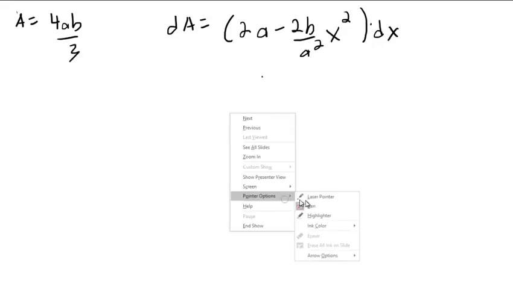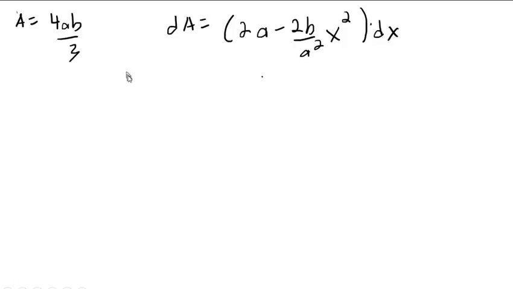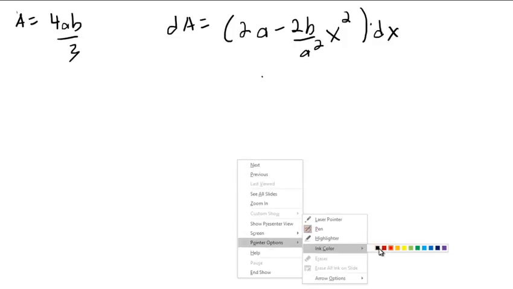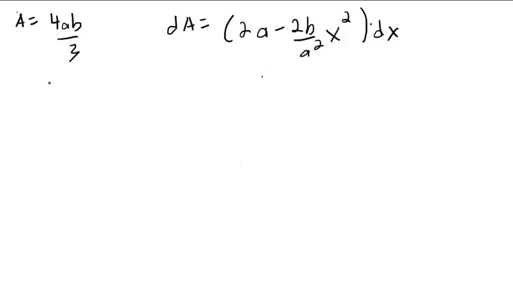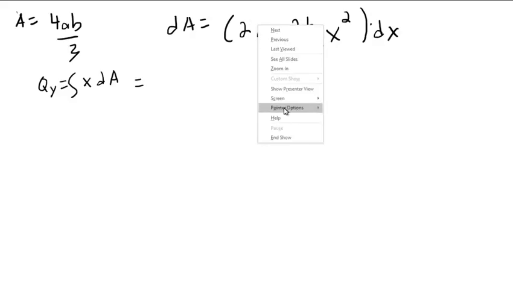Then let us say that I know again that qy is going to be equal to the integral of x dA, which is going to be, in this case, equal to the integral of... wait, oh sorry, that was 2b here.